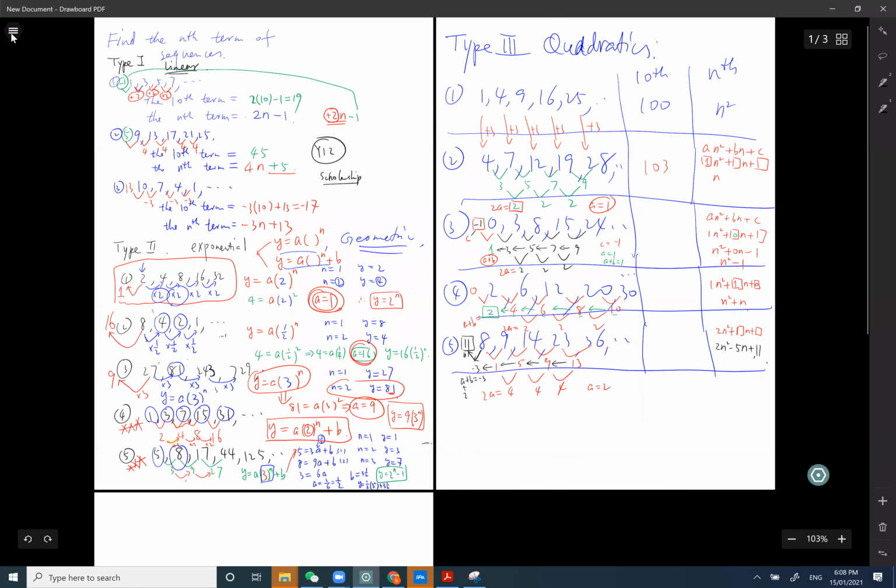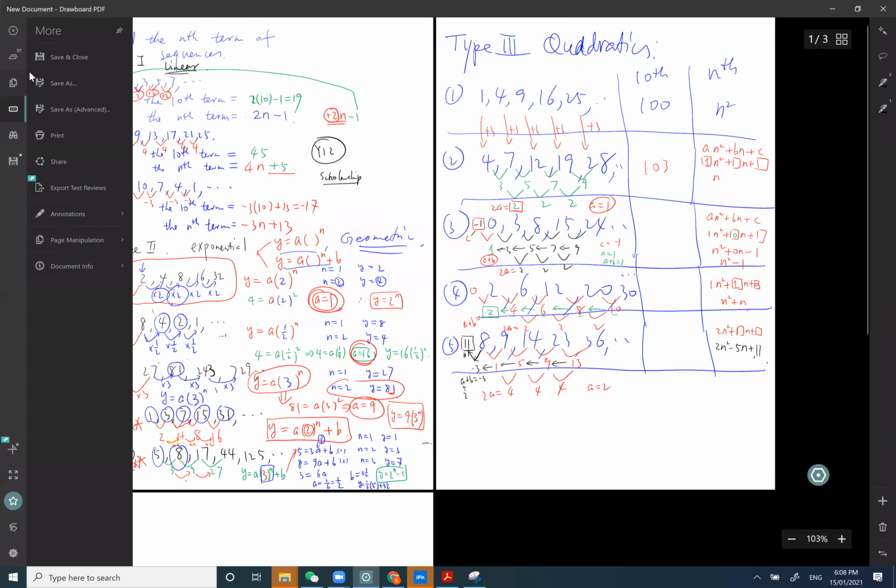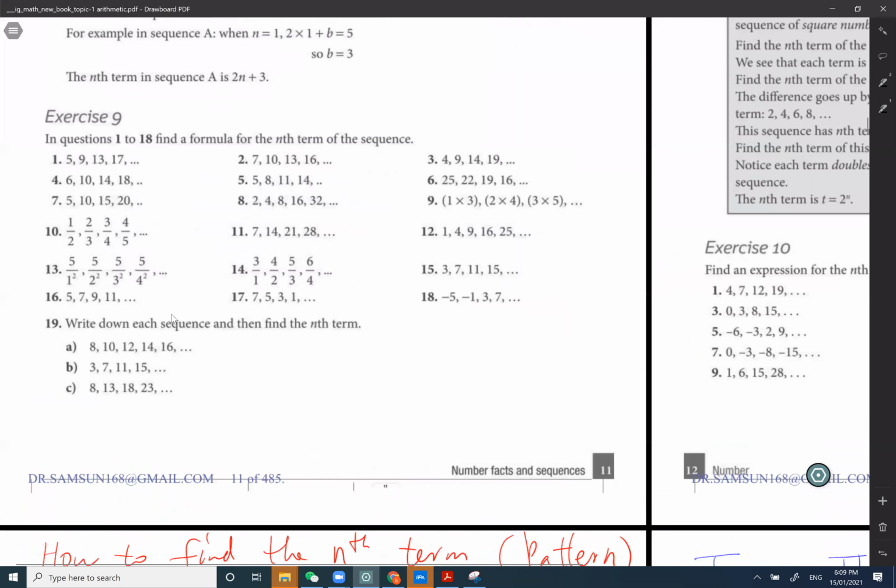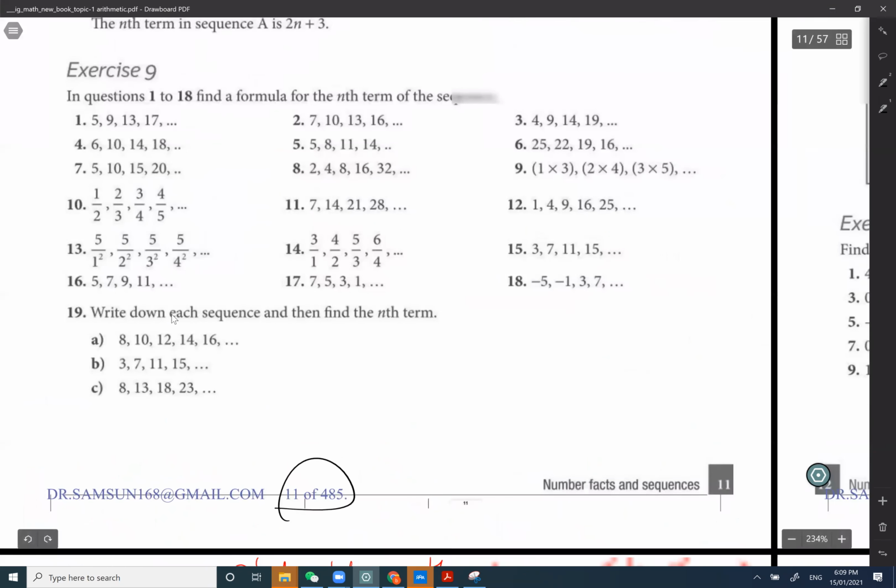Let's check something from last week first. There are 2 exercises all about the formula. Exercise 9 and 10, on page 11.